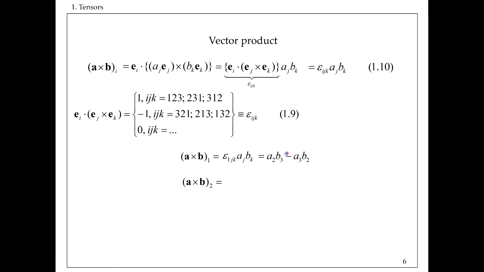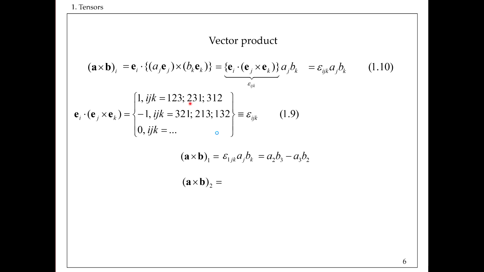With that we can do the same for component 2 of the same new vector, that is the product of our vector product A and B. In component 2, instead of 1 here we'll have 2, so we need to go to the Levi-Civita matrix and look for those that start from 2.